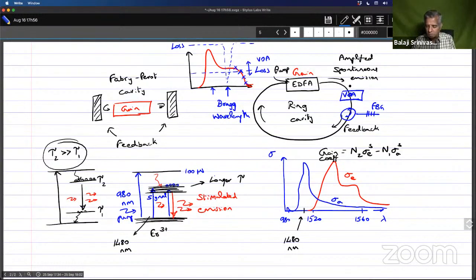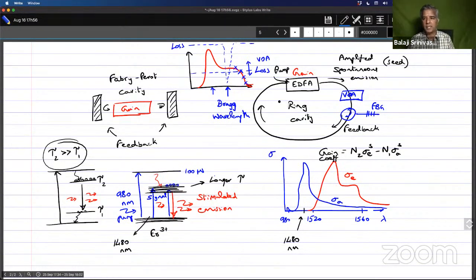That spontaneous emission is going to be the seed for stimulated emission in subsequent round trips. Only then can you get gain, and then we can talk about overcoming the loss, and then we can have laser oscillation.